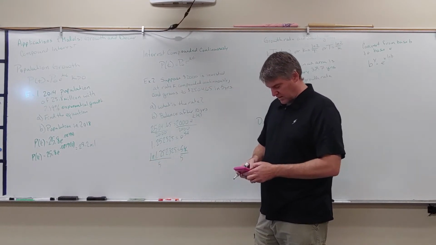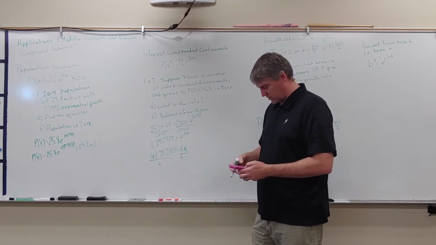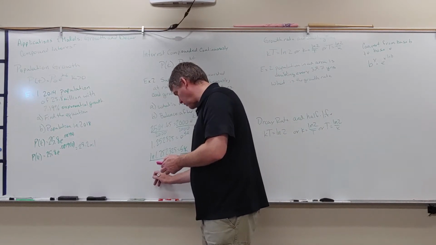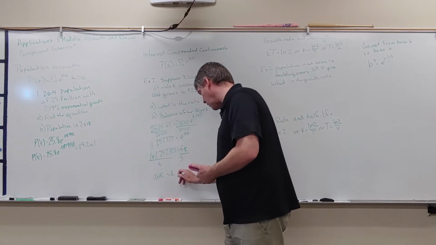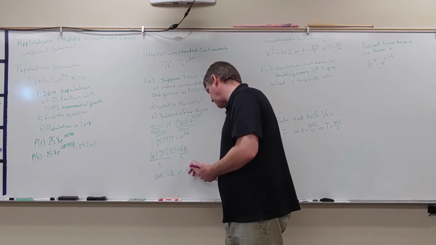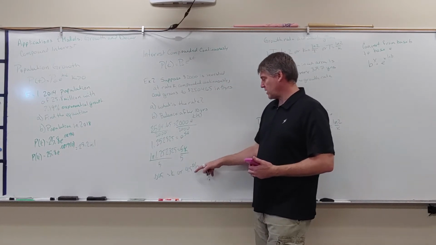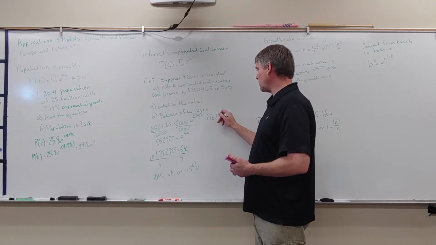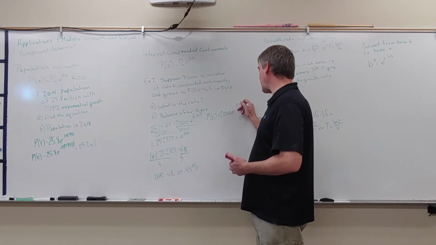Okay, so I'm going to take the natural log of 1.25, and then I'm going to divide that by 5, and I get 0.045 equals k, or 4.5%. Now here's my interest rate. Okay. So now I can plug this in. So now I know P of t equals 2,000 e to the 0.045 t.